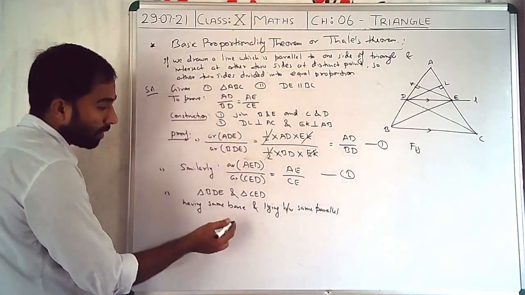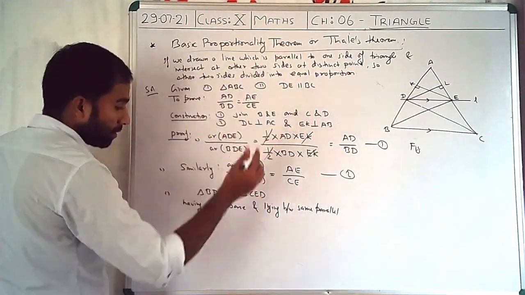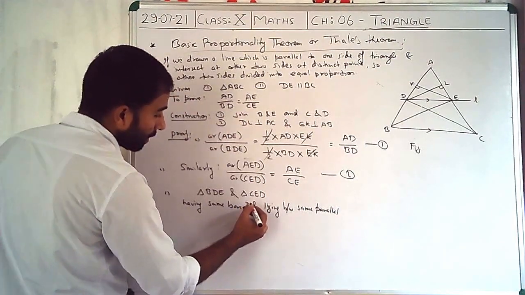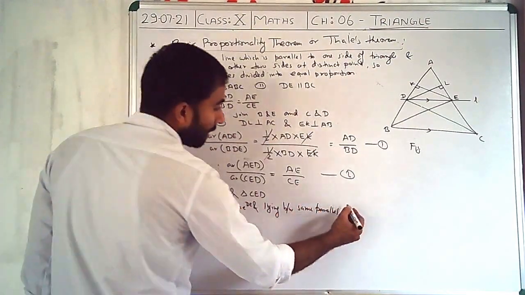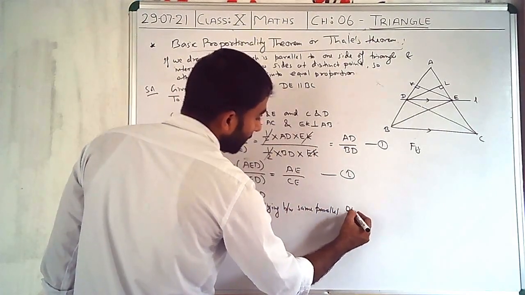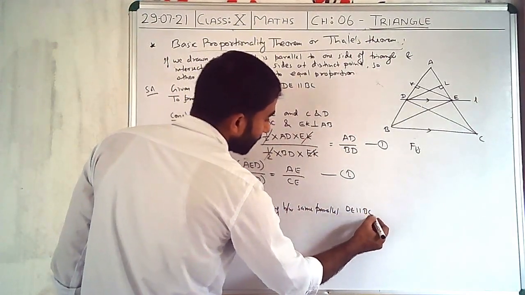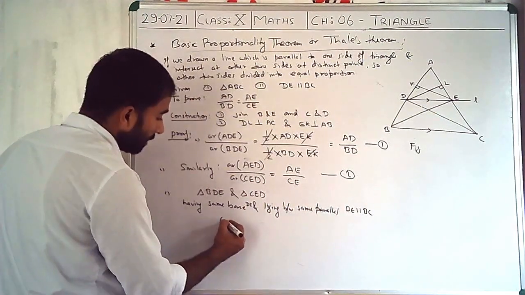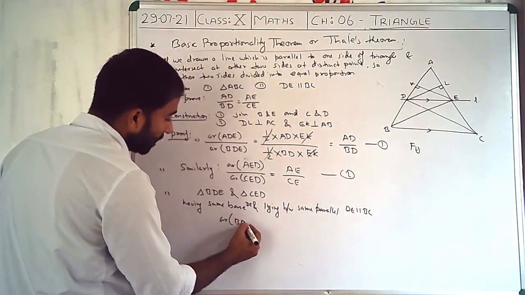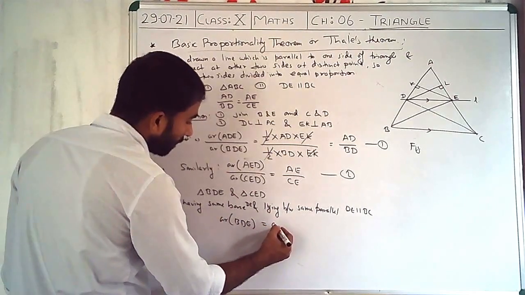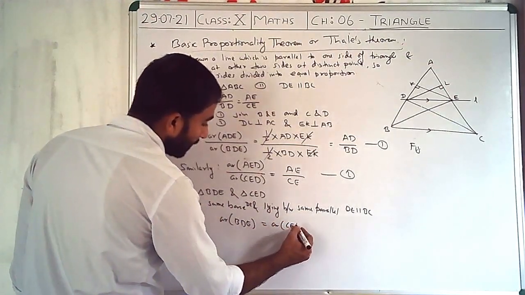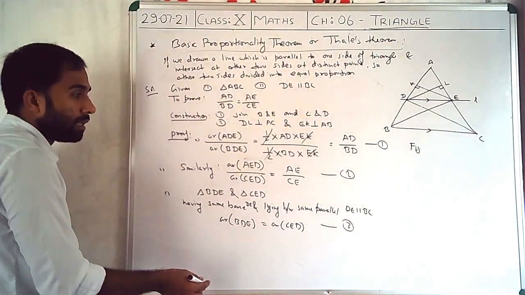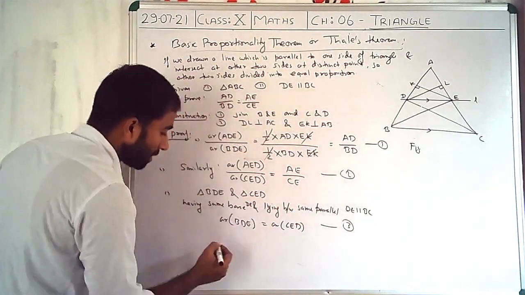Same base, you may also write here the name of the base DE. And lying between the same parallels, it means DE is parallel to BC. So by this statement you get area of triangle BDE is equal to area of triangle CED, say equation 3.